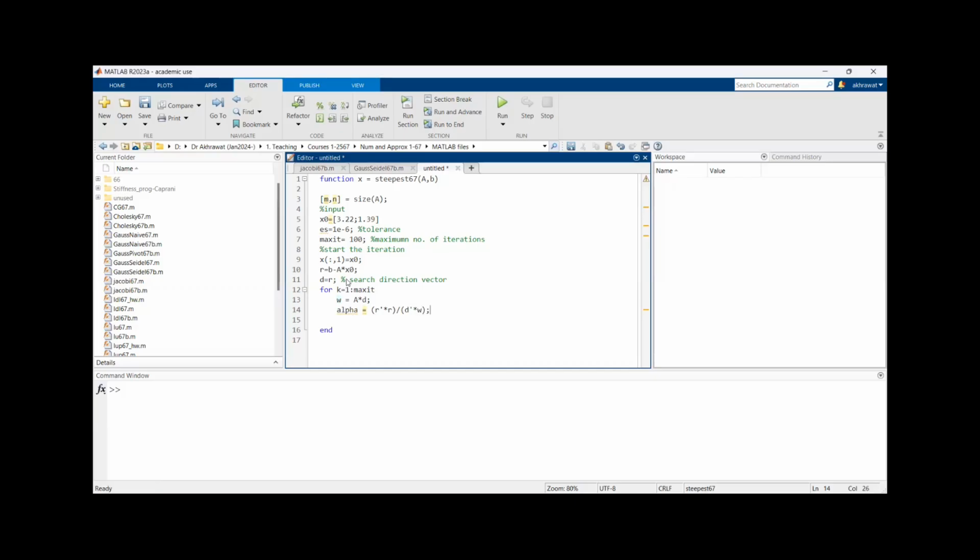Okay, we get the step length, and we can update the solution X K plus 1 to X at column K, the previous solution plus alpha multiply D. D is actually the residual vector.